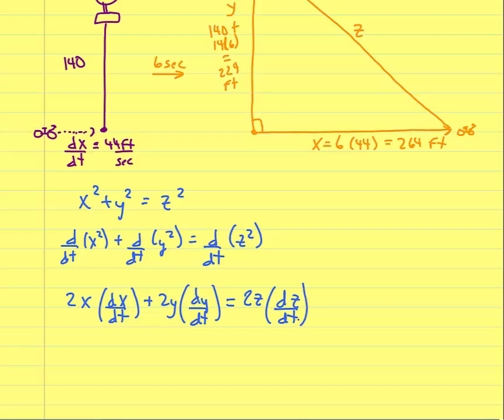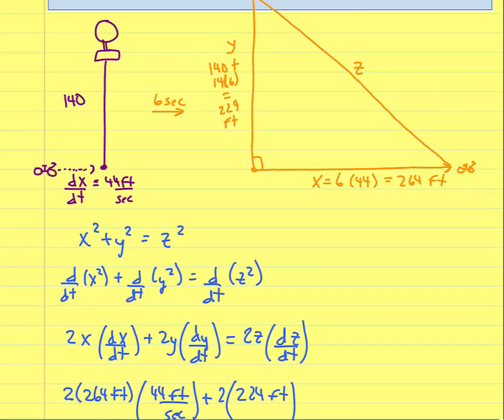Now I can start filling in the blanks here. So I have 2 times x is 264, and then dx/dt is the speed of the motorcycle, so that was 44 feet per second. I need to make sure I have my proper units. So this would be 44 feet per second plus 2y, y was 224 feet, and it's rising at a rate of 14 feet per second, I believe.